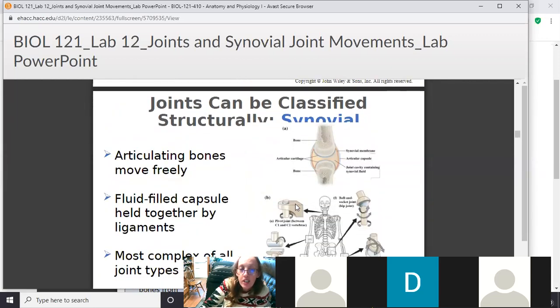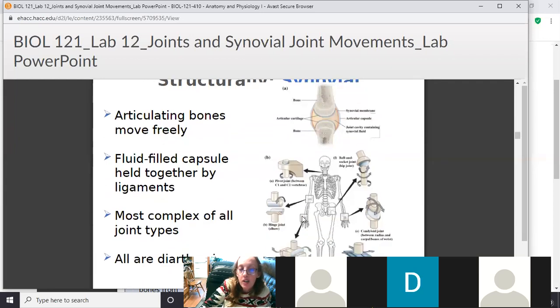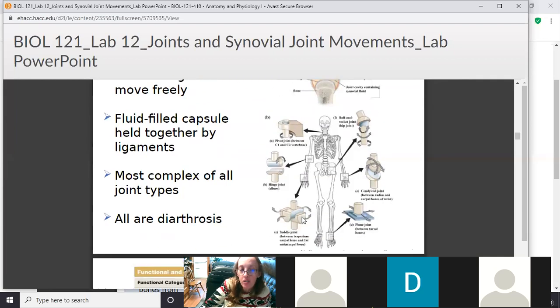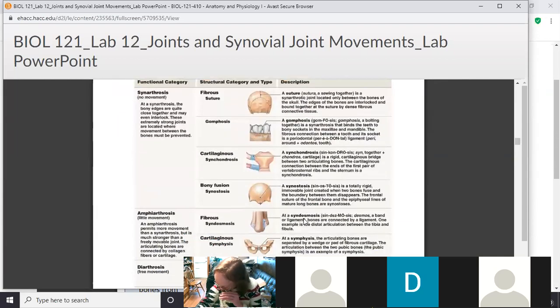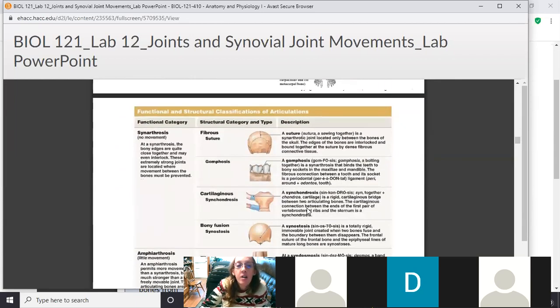Synovial joints are freely articulating, so they're all diarthrosis joints. Freely articulating bones, with a fluid-filled capsule held together by ligaments. The most complex of all joint types, all are diarthrosis. Synarthrosis examples.